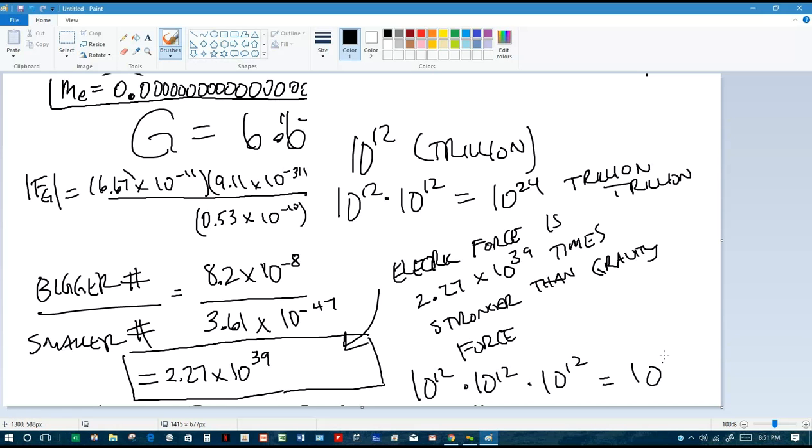That's 10 to the 36th. We're getting close now to the 39th. That would be a trillion times a trillion times a trillion. So that's how many times stronger electricity is than gravity, times 1,000 actually, to add 3 more zeros to it. It's mind-boggling. It's a significant, significant force.